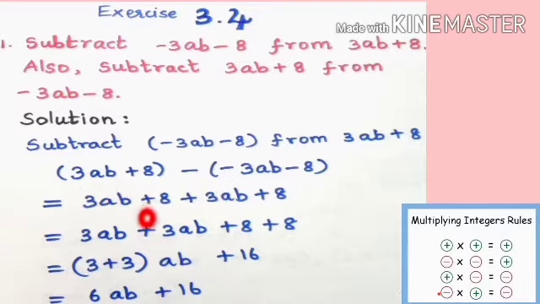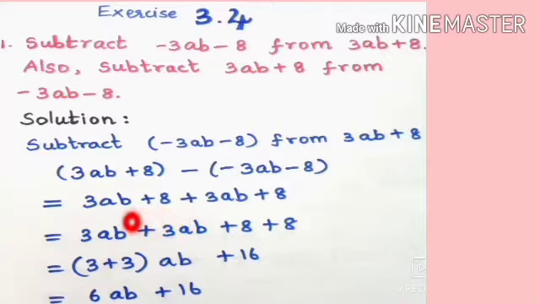So 3ab plus 8, and minus into minus gives plus 3ab, and minus into minus gives plus 8. So in the next step we have to arrange like terms separately in an algebraic expression. So 3ab and 3ab are like terms and 8 and 8 are like terms. So 3ab plus 3ab plus 8 plus 8, thus we get.